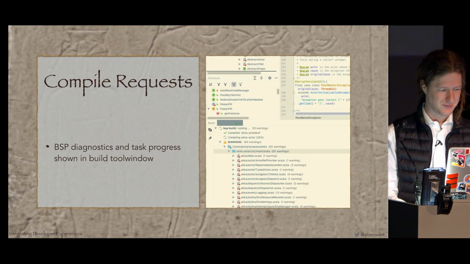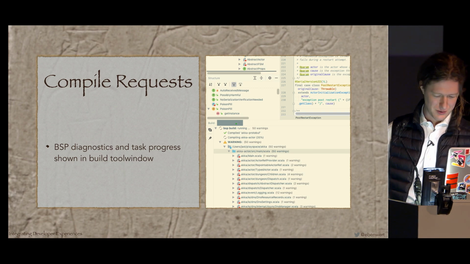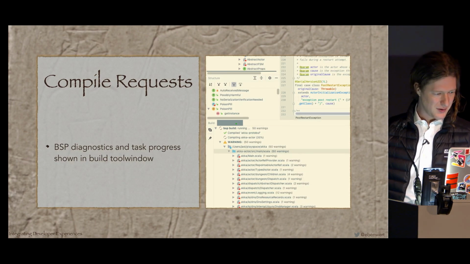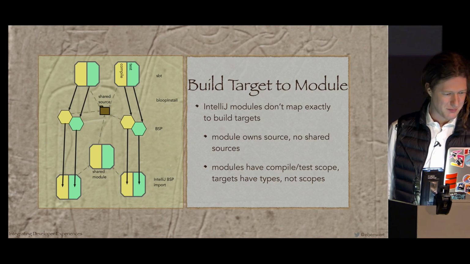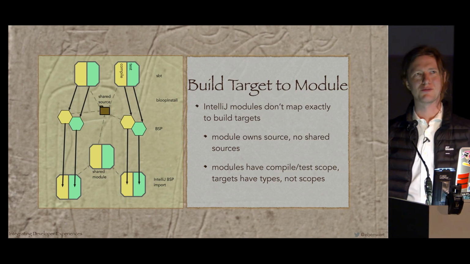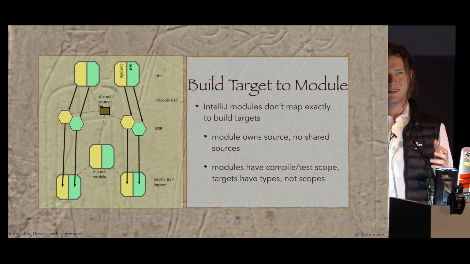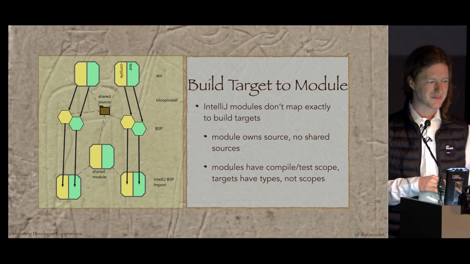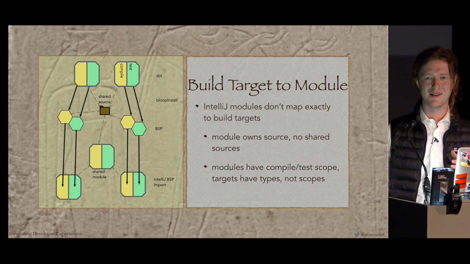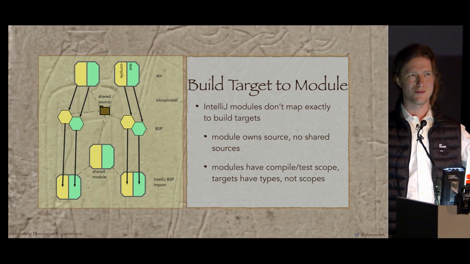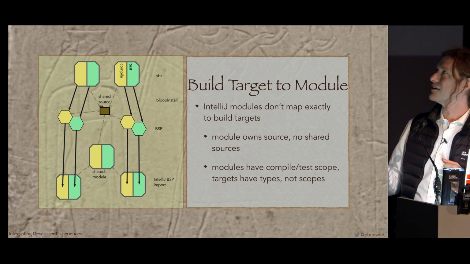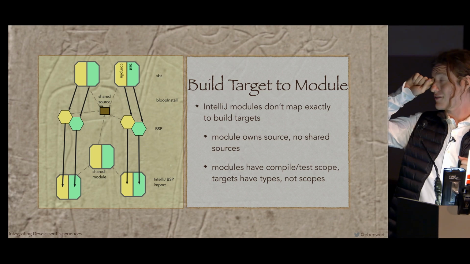Okay. Yeah, I've just shown you how a compile request looks. One step back. So what actually happens when we import a project into IntelliJ? Various build tools have different ways of representing their builds. Here I'm going to look at SBT, for instance.